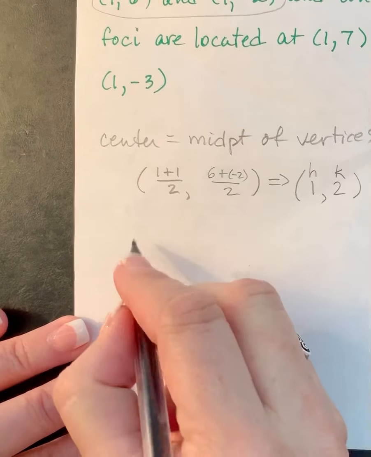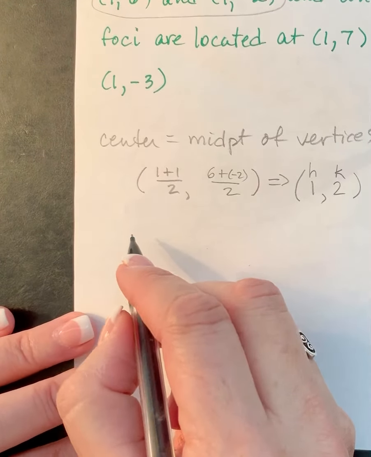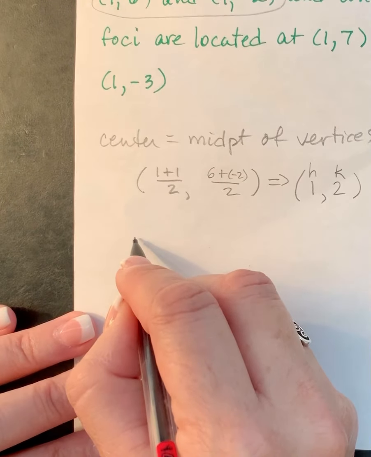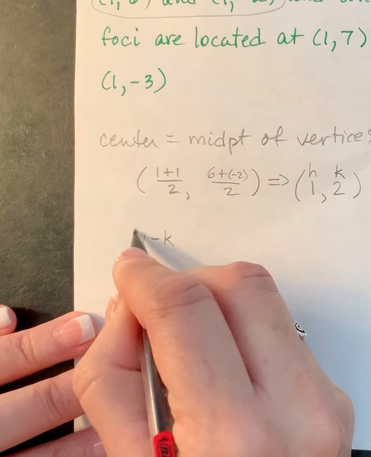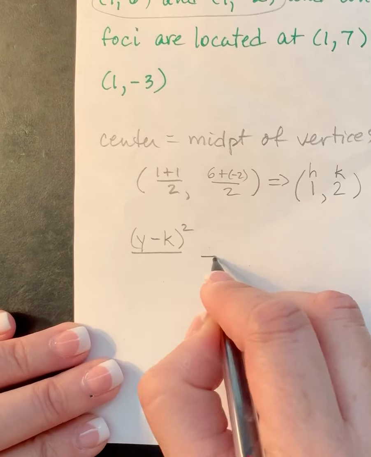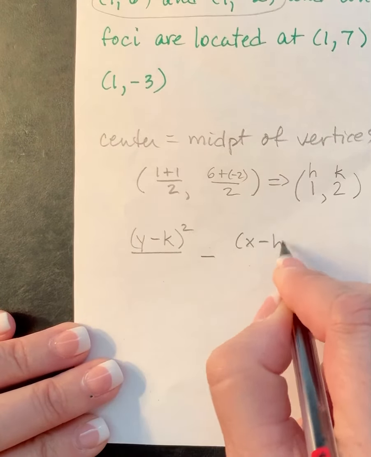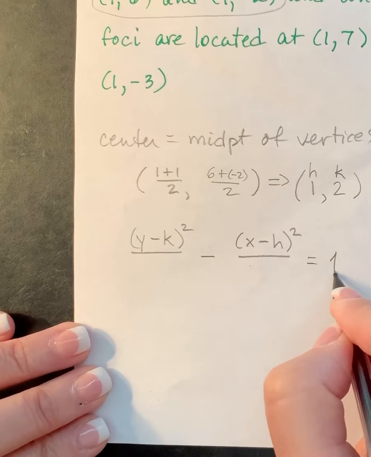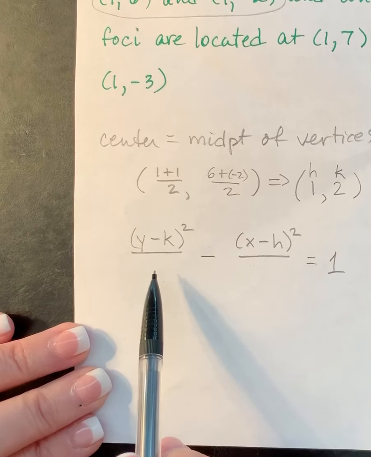All right, so we're thinking, since it's a vertical transverse axis, that it's going to be y minus k squared over a squared, minus x minus h squared over b squared, equals 1. So what's the value of a?